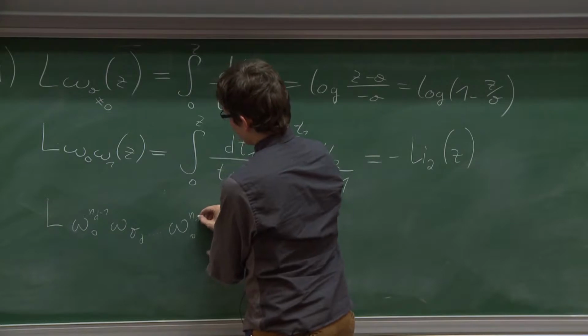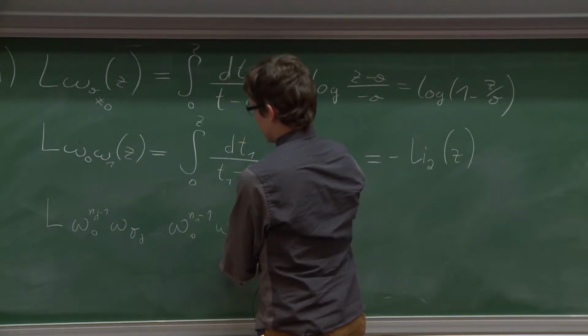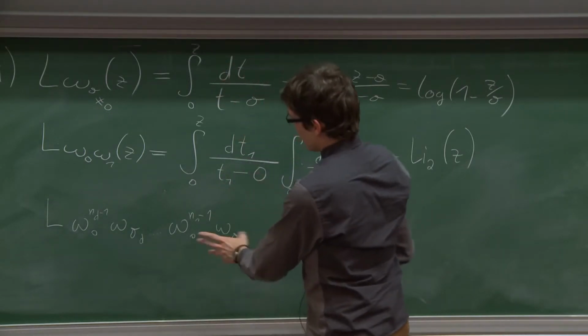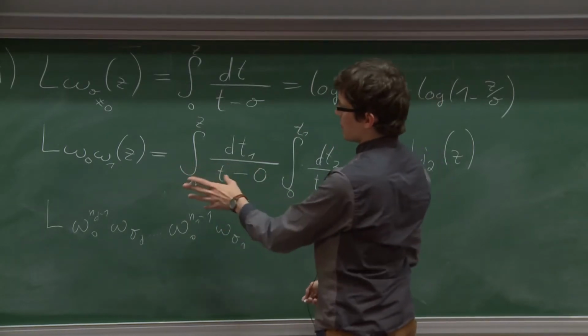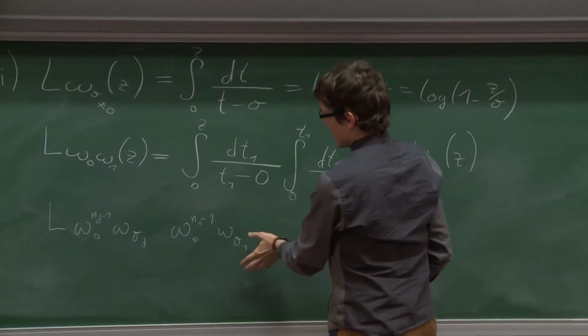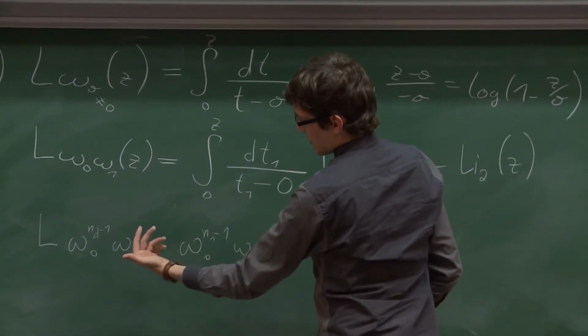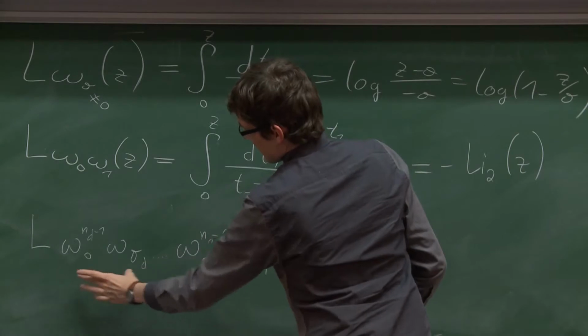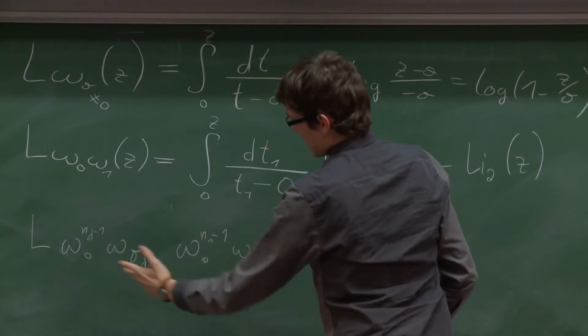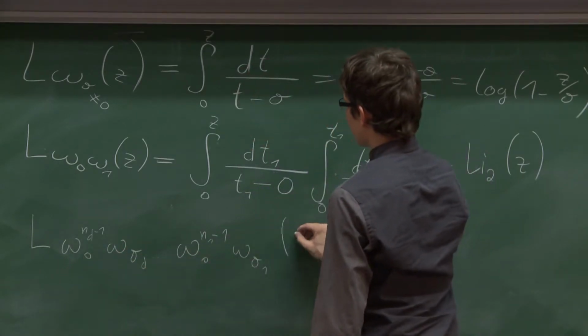So people familiar with MZVs will know this inside out. I take a word, but I have to make distinctions whether a letter is 0 or not, because it's treated differently in the setup. So let's suppose I have a word which ends in a non-zero letter, then there comes a bunch of zeros, then a non-zero letter and a bunch of zeros, and so on. So I have d non-zero letters, and each of them might come with some zeros.